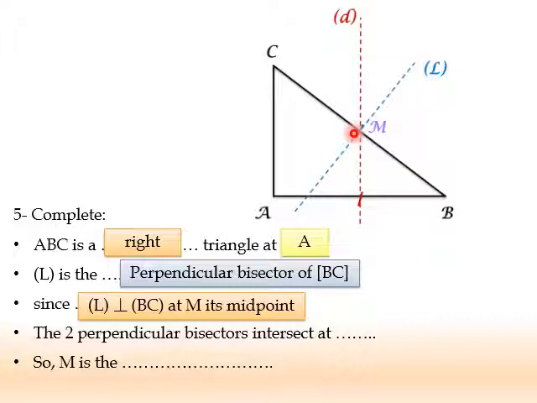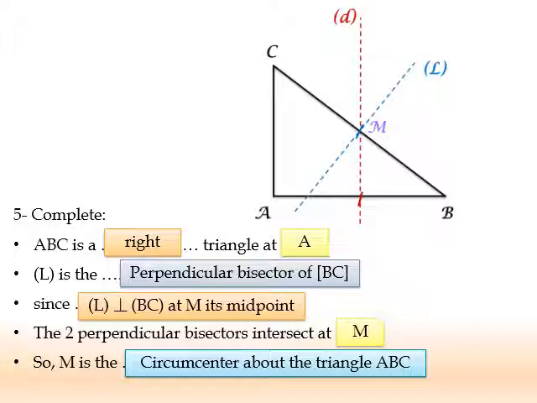Justification: simply since L is perpendicular to BC at M, its midpoint. Now, these two perpendicular bisectors intersect at which point? At point M. Then M is the circumcenter or the center of the circle circumscribed about triangle ABC.